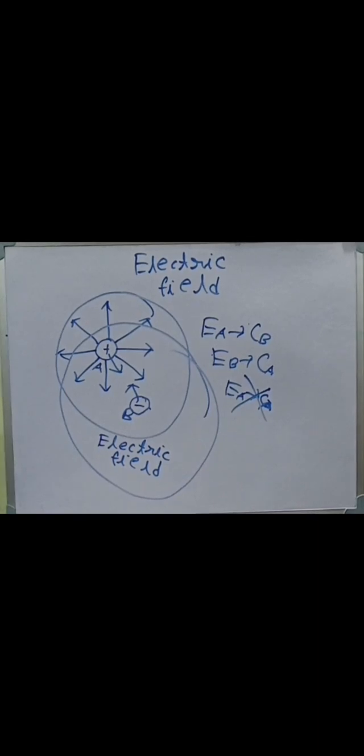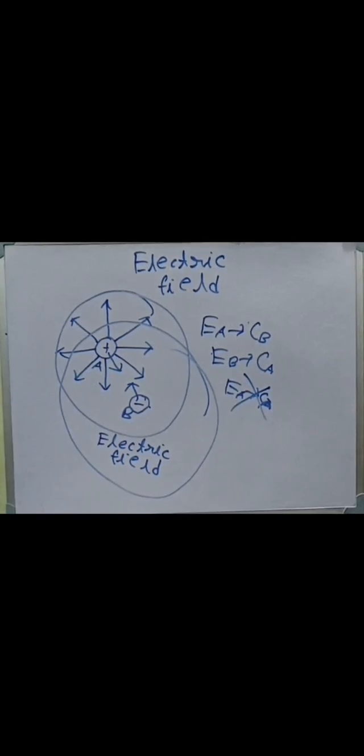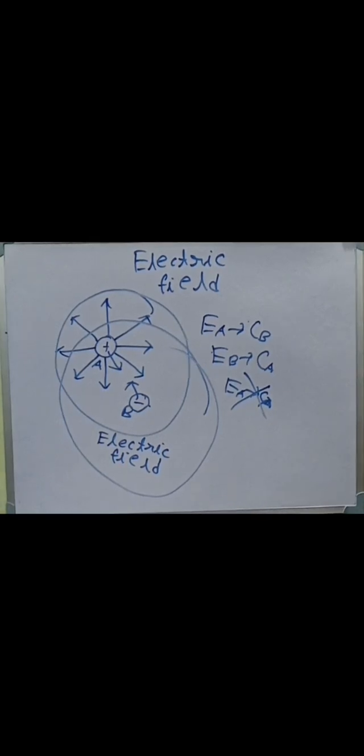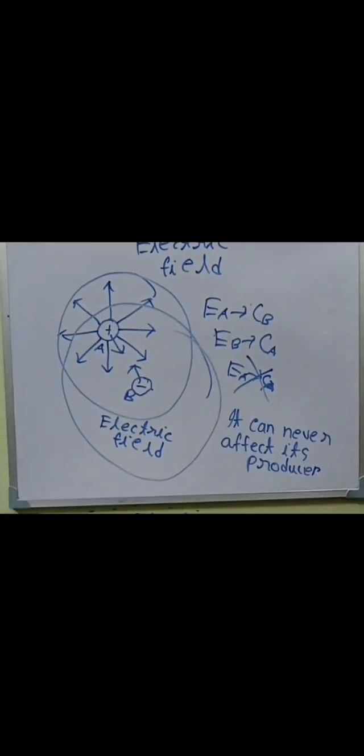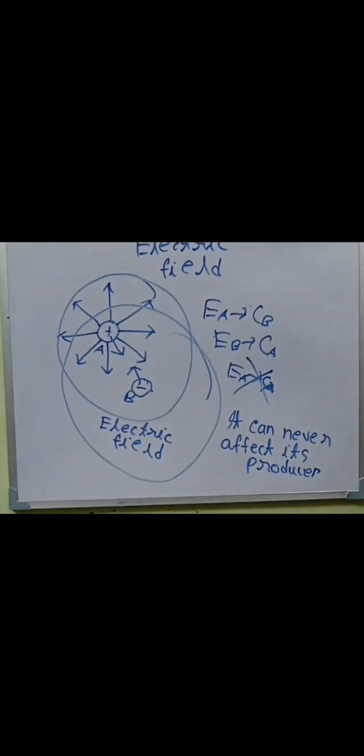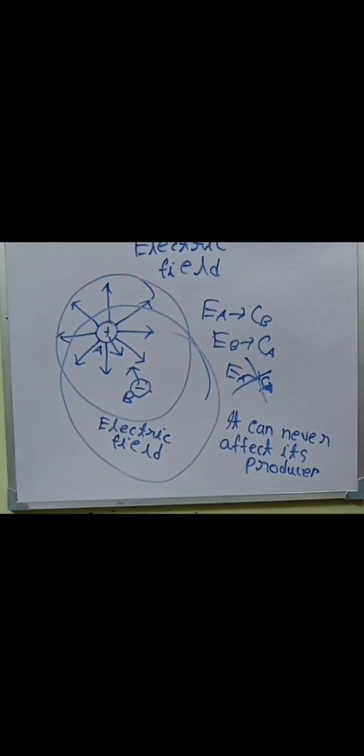Here it is charge B. And the electric field of B can never influence charge B. It will always influence any other charge. Here it is A. That means the electric field can never influence its producer. The charge that is producing the electric field, its own electric field can never influence it. It can only influence any other charge which is placed within the electric field.